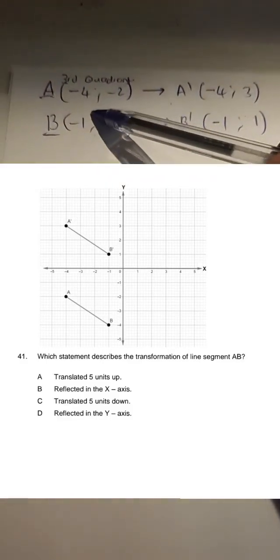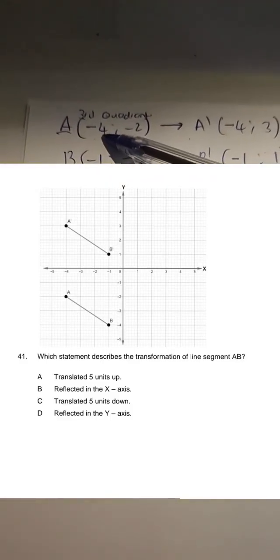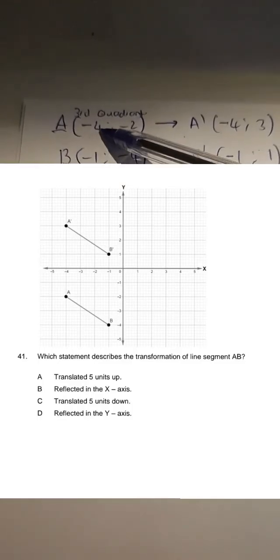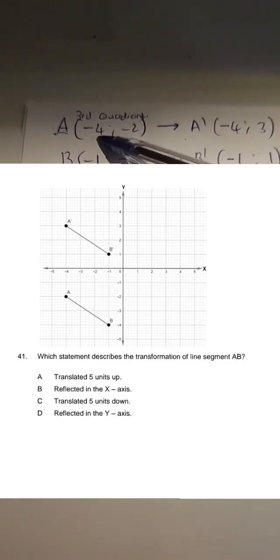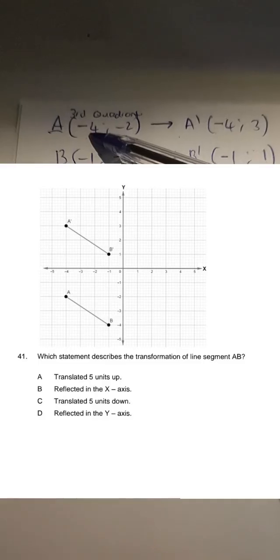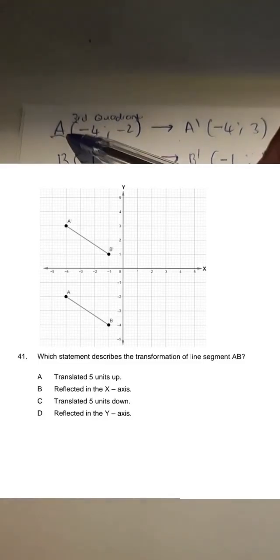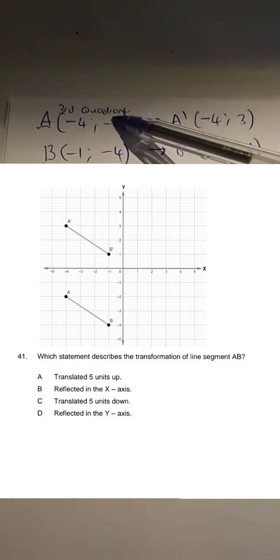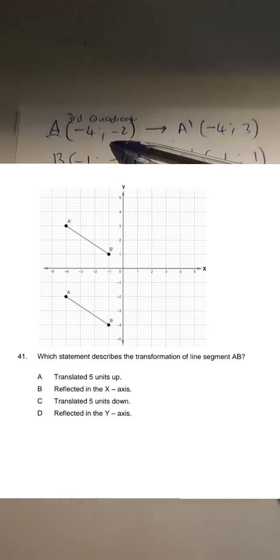In the third quadrant, if you look at the points specifically, A has the x coordinate of -4. That's the x value of A. Then the y value of A is -2. These are the coordinates read from the Cartesian plane.